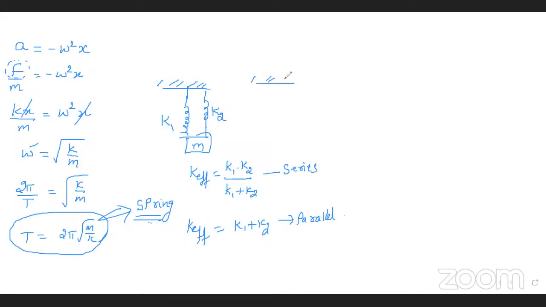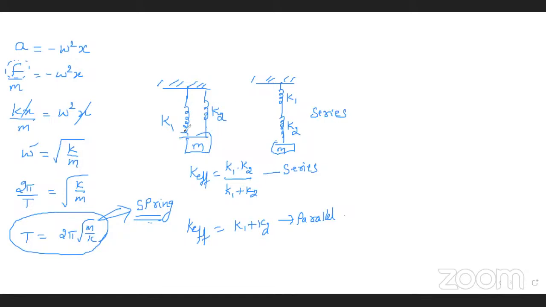So here also you can connect the springs like this. One spring, and one mass is attached here. This is K1. This is K2. Now you have a look. Between the two springs, if the mass is not attached, then this is called series.